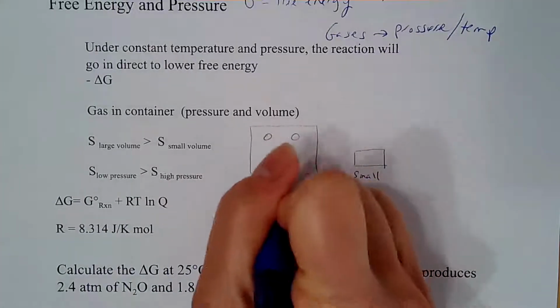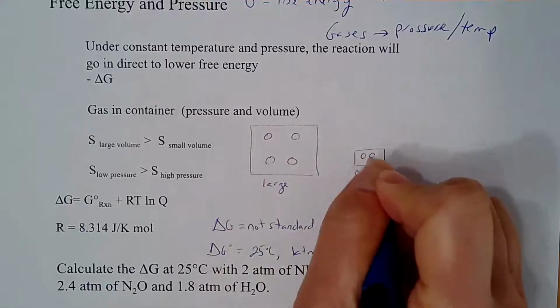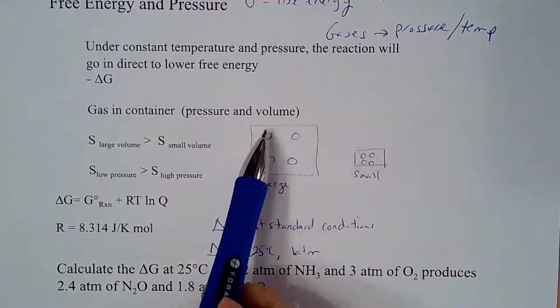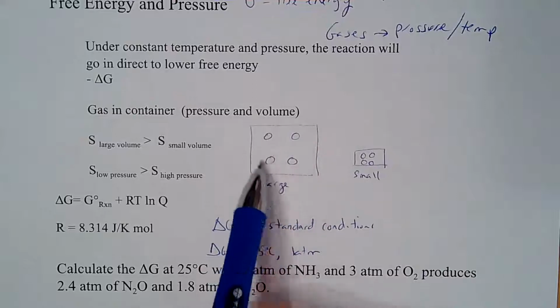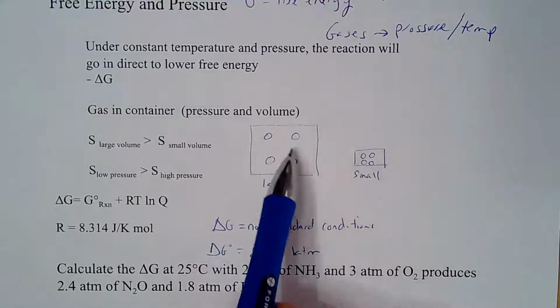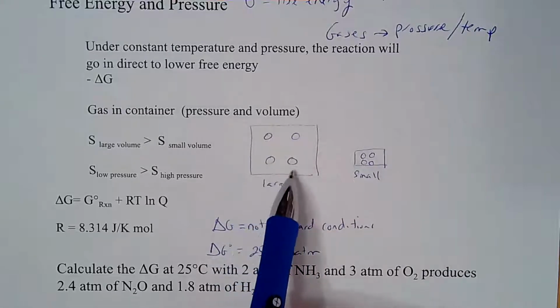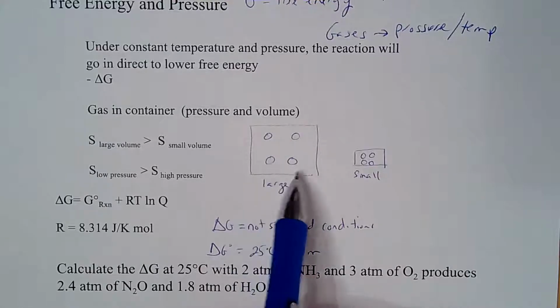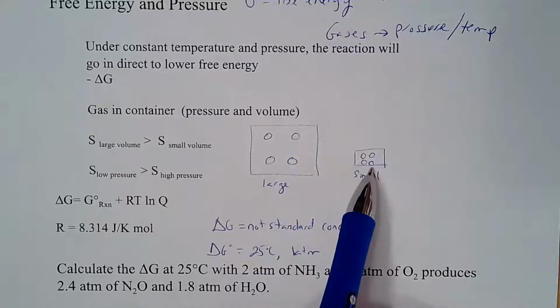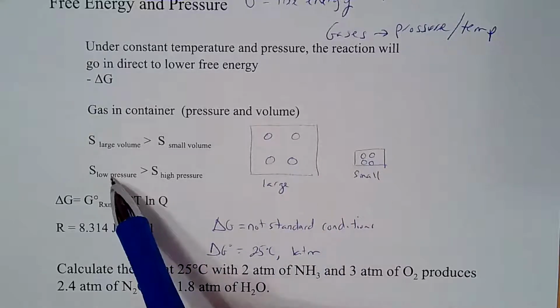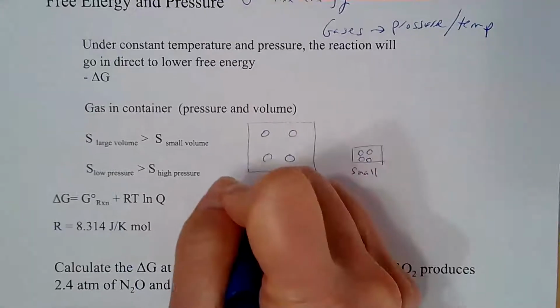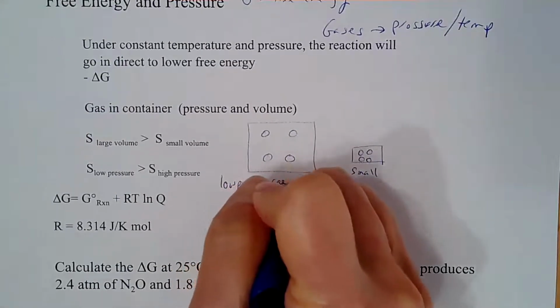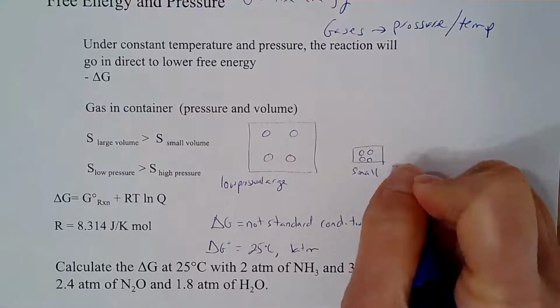If I have 4 particles in there, you will see that in the larger box I have more ability to move these 4 particles around and disorder them, versus in a smaller container there's less likelihood of that. Low pressure is due to the fact that I have a large volume.